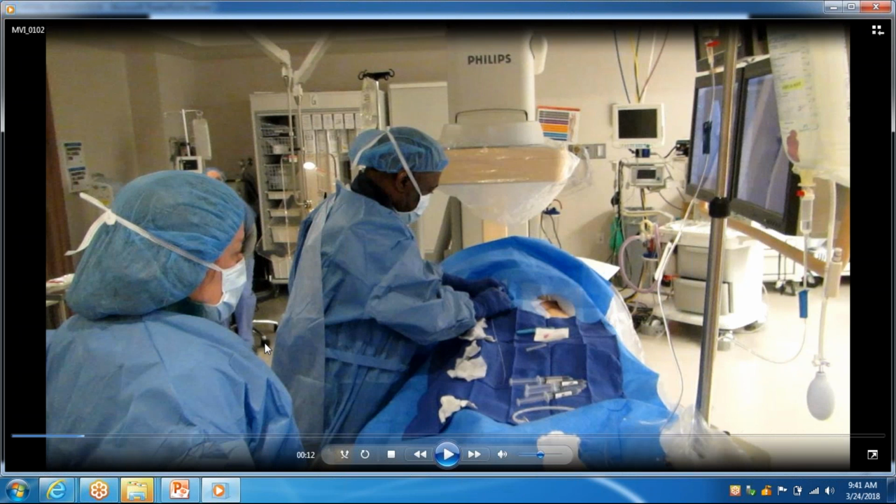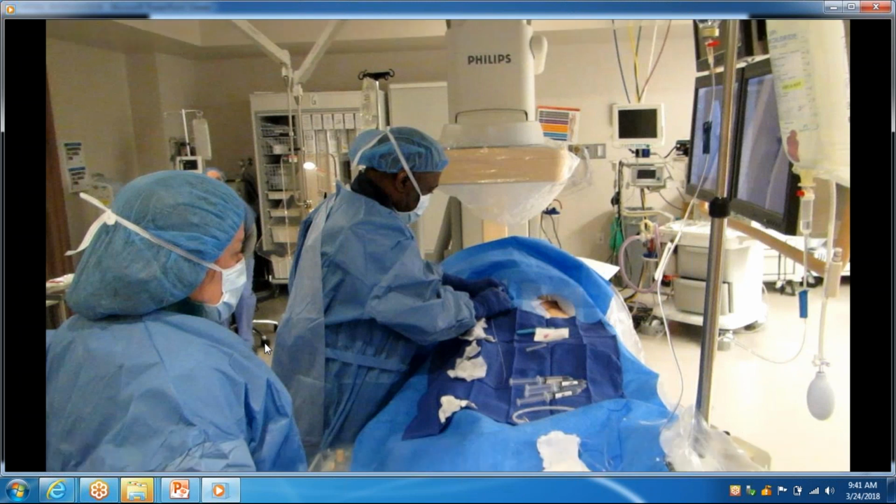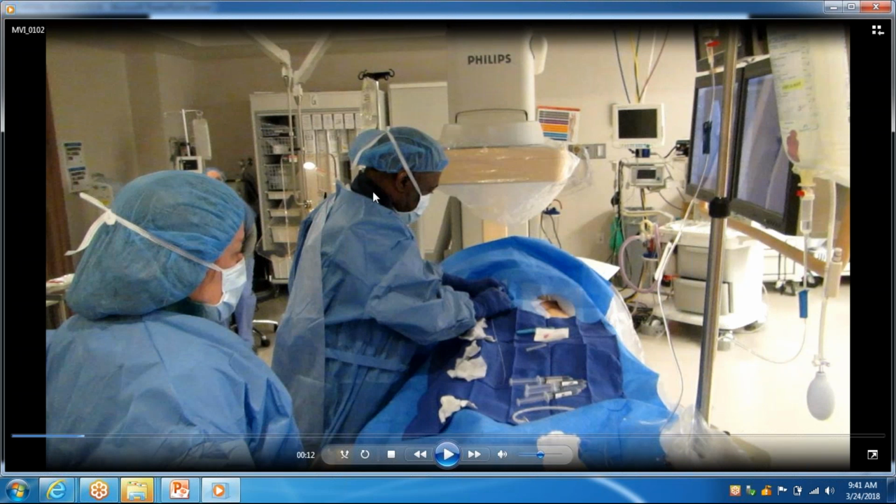We use lead protective wear to cover the front and sometimes the back, or sometimes it goes all the way around. And then you have what we call a thyroid shield, which covers and protects the thyroid. So these are the individuals in the room. You will have three persons in addition to the operator in the room.